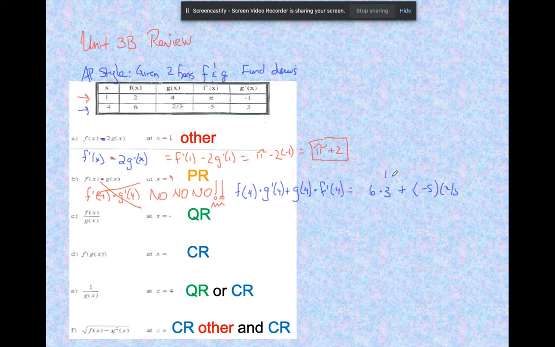So what is this? 18 minus 10 thirds. So what is 18 times 3? It is 54 minus 10, so that's 44 over 3.